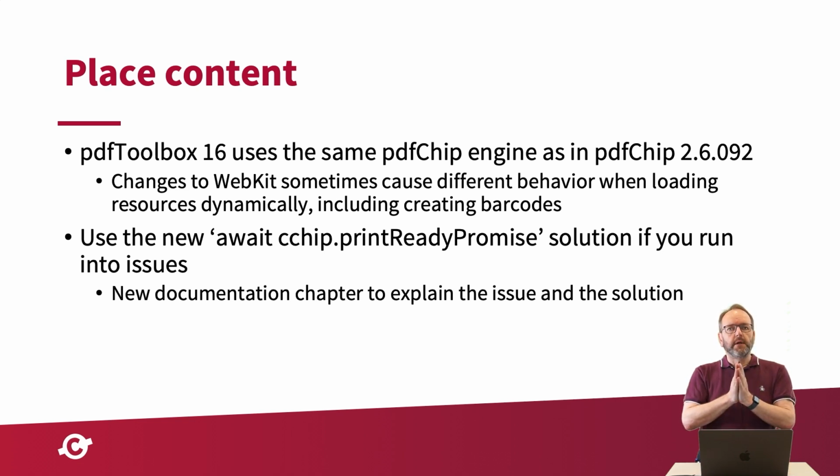First of all, and important, I talked about it in the beginning, I believe, in the first session. pdfToolbox 16 is based on the engine that is also in pdfChip 2.6. So it uses the same WebKit integration that you have in pdfChip 2.6.